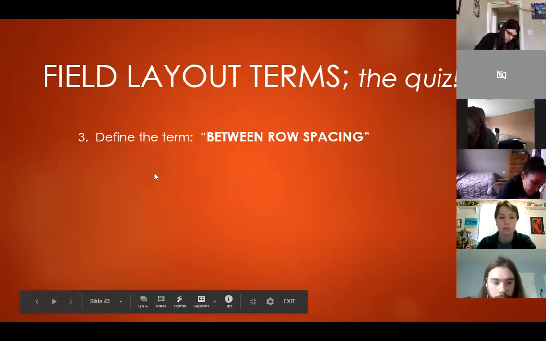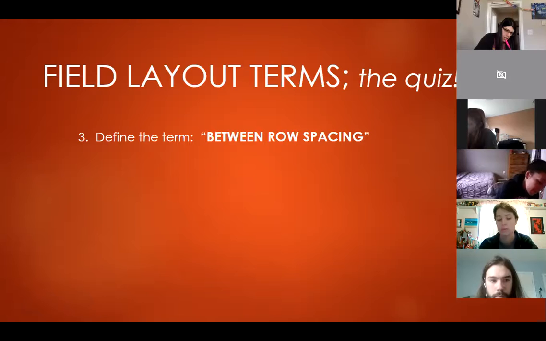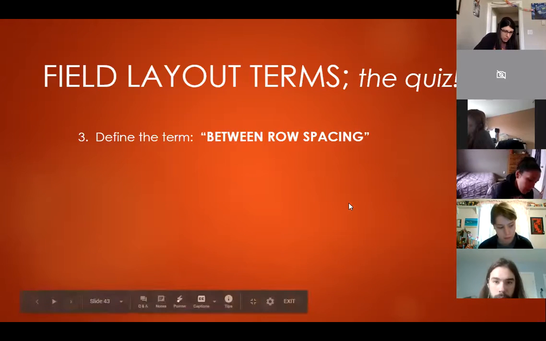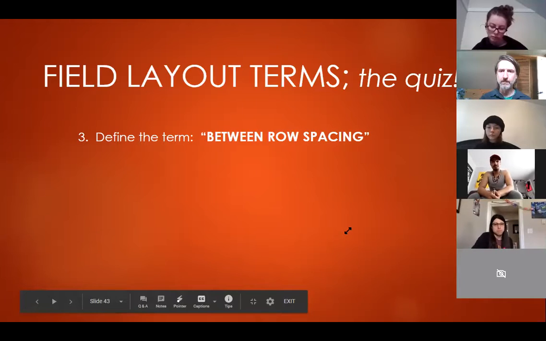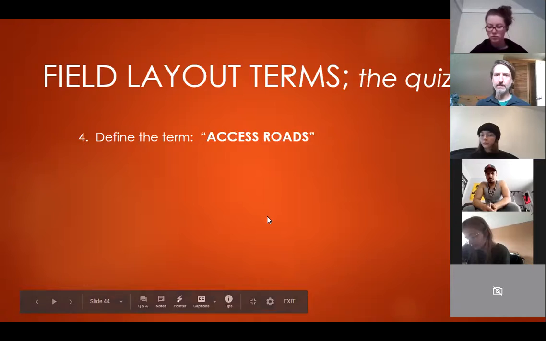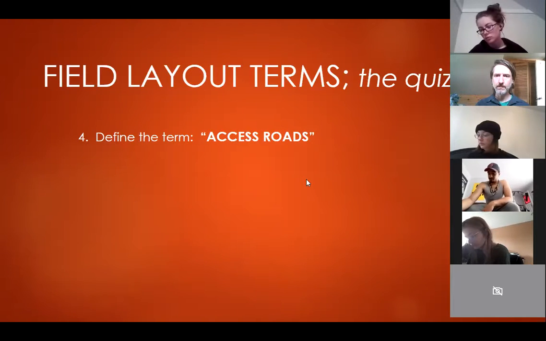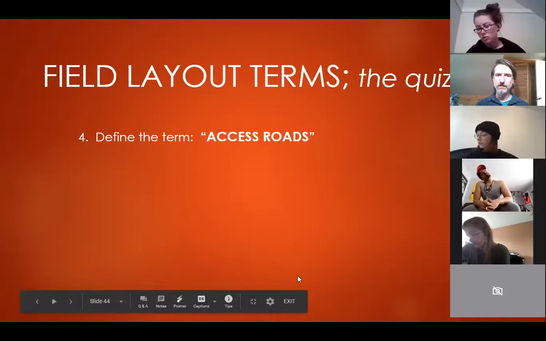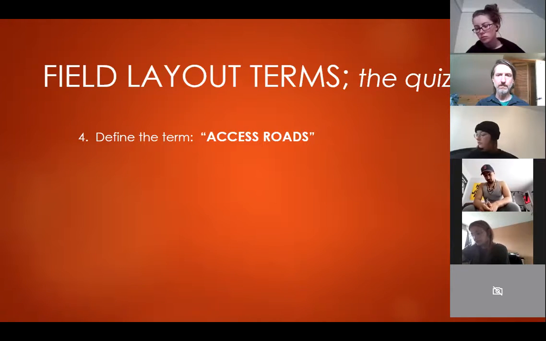Next question is about between row spacing. Define the term between row spacing. Next term is access roads. Next term is buffer zones.